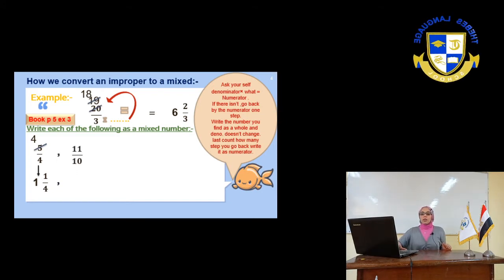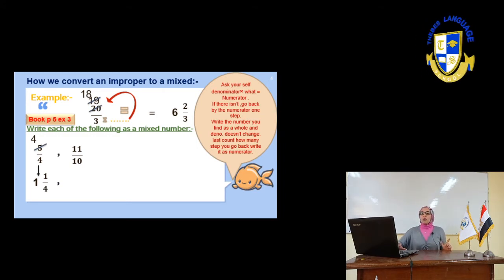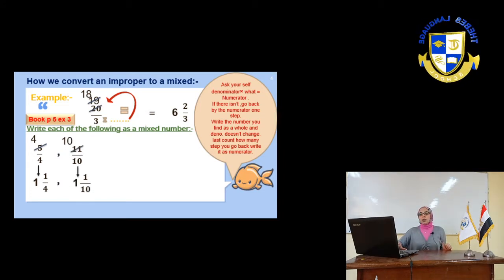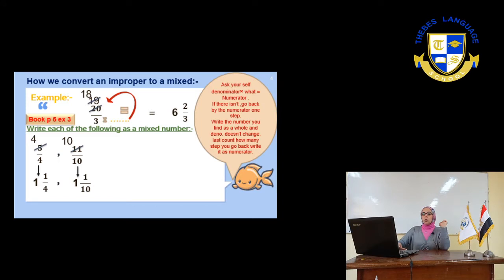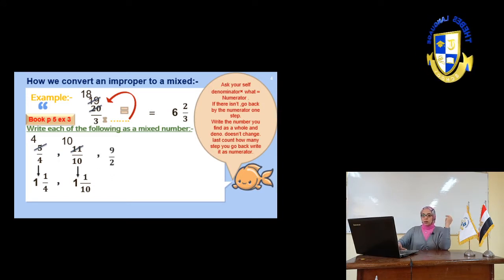Next, 11 over 10. Ask yourself, 10 times what equals 11? There is no. Go back one step. It will be 10. 10 times 1. So the whole number will be 1 and the denominator as it is, 10. And we went just one step, so it will be 1 in the numerator. So the mixed number will be 1 and 1/10.